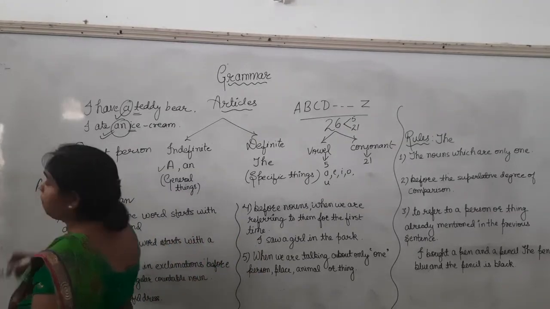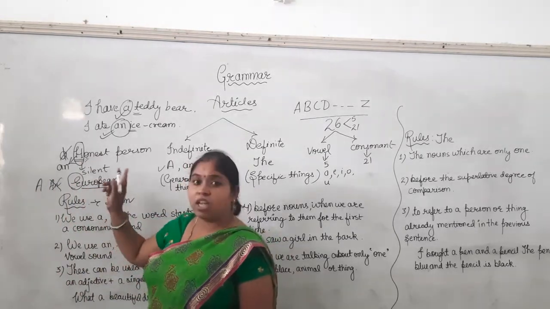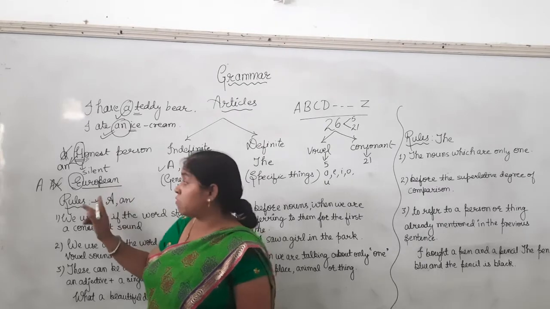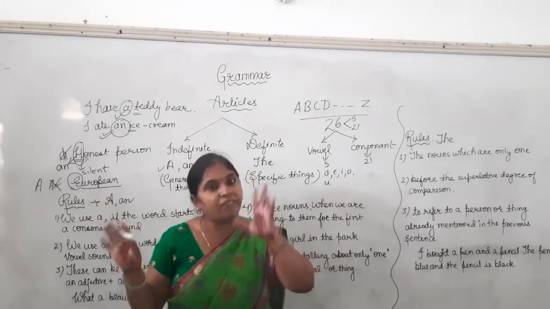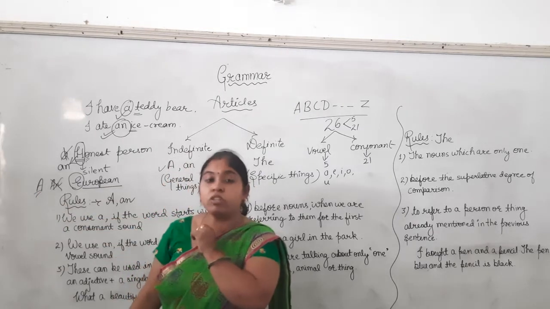A European. Because of the sound, while you pronounce this word, the sound is totally different. That's why here we write a European, not an European.